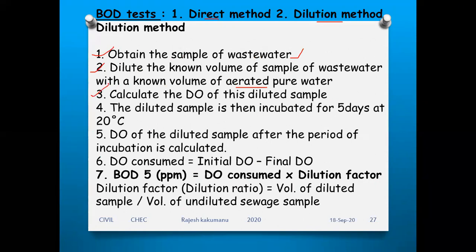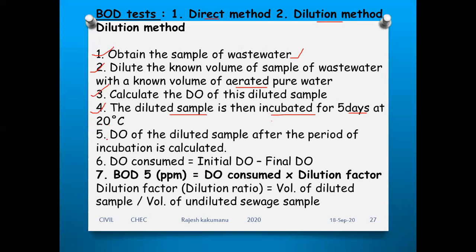Third, calculate the DO of the diluted sample. So calculate how much dissolved oxygen the diluted sample has. Fourth point: the diluted sample is then incubated for 5 days at 20 degrees. Once this is mixed, the sample should be stored and incubated for 5 days at 20 degrees.